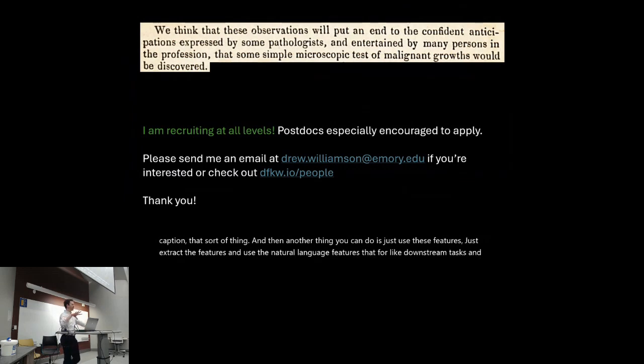Let's say we want to predict whether an image shows cancer or not cancer. If we use the natural language as input to a downstream model to do that, is the natural language that we extract better for this downstream task than another model or something else? But it's tough.